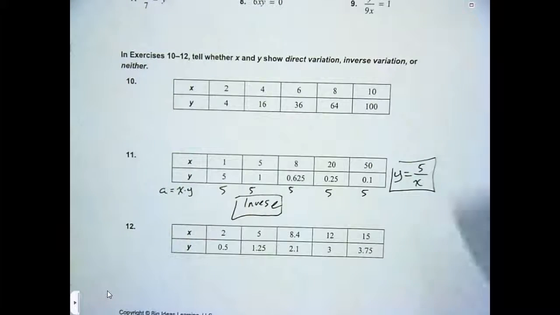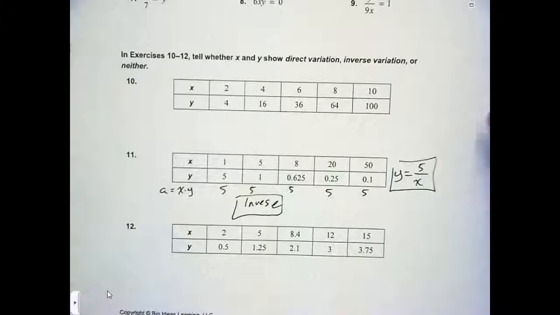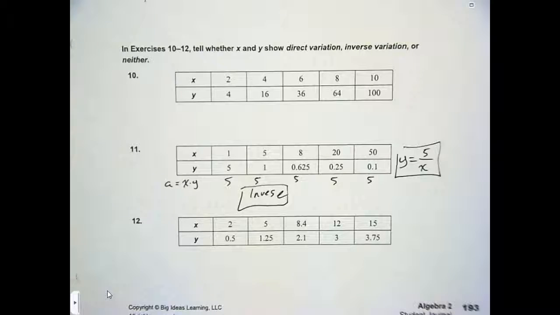Okay, now, which one is direct? 10 is not direct. 12 is direct. How do you know if something's a direct variation? You have studied this at least twice now. You studied it once this year and in algebra. Jacob. Almost. You do divide. You don't divide x by y.